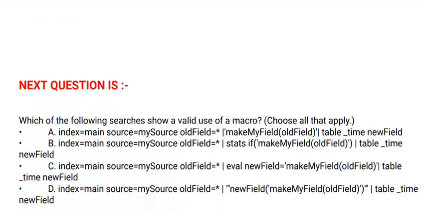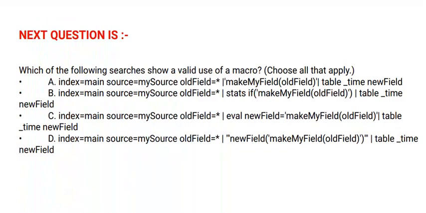Next question is, which of the following searches show a valid use of a macro? Option A, index=main source=my_source oldfield=* | `make_my_field(oldfield)` | table _time newfield. Option B, index=main source=my_source oldfield=* | stats if `make_my_field(oldfield)` | table _time newfield.